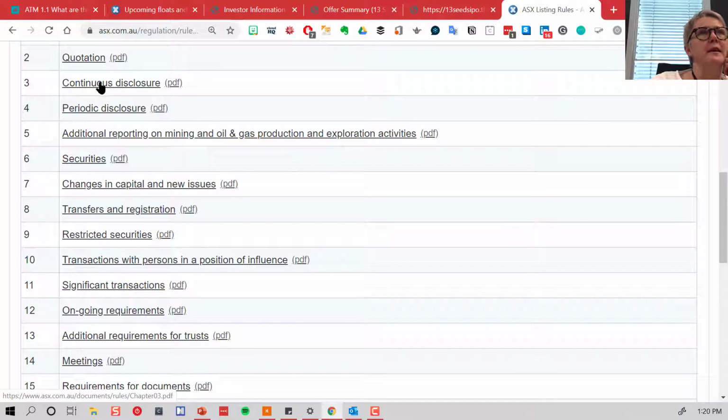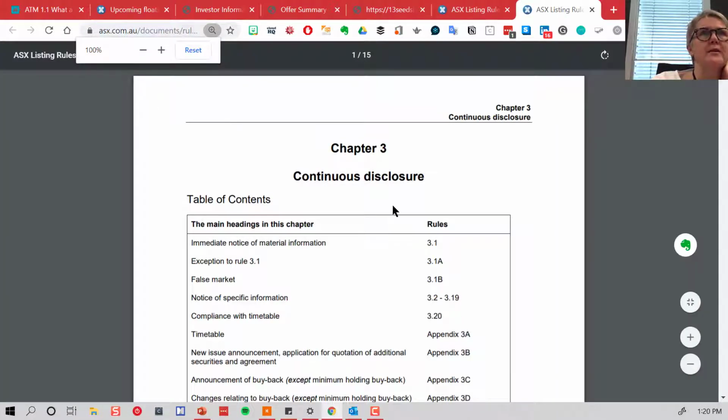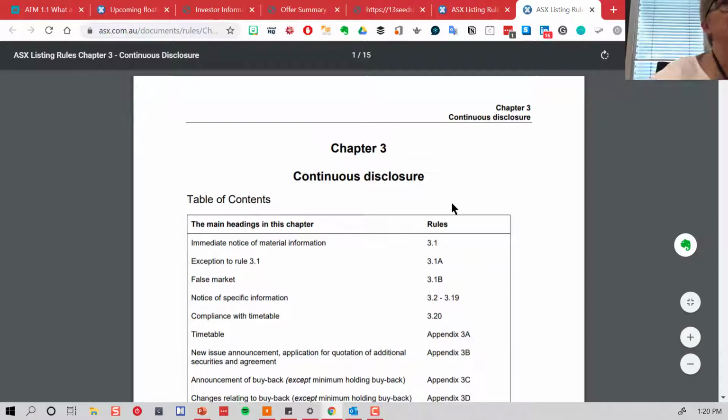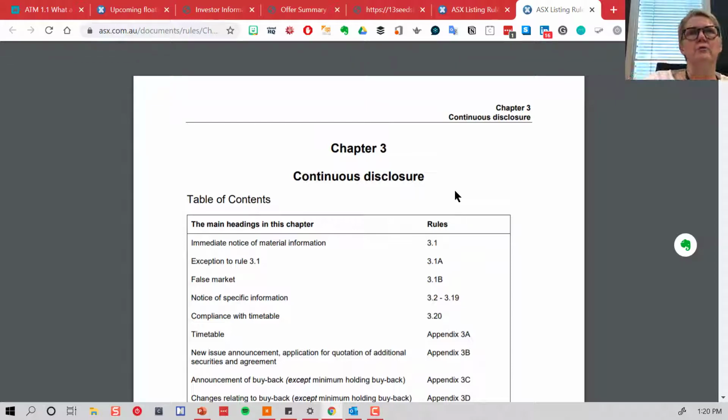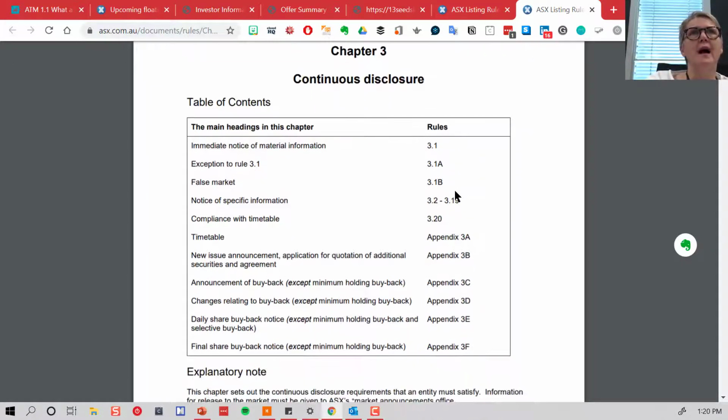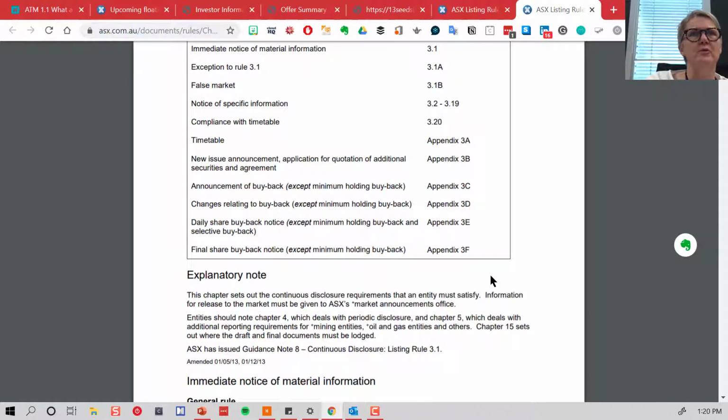Again, right up at the beginning, really important is this continuous disclosure regime, which we discussed very quickly yesterday. I'm just going to pop into that so you can see a couple of things, partly so you can see what the rules look like. They start with this quite useful guide, because we've got the rules and then a whole lot of forms that follow as appendices to the rules.